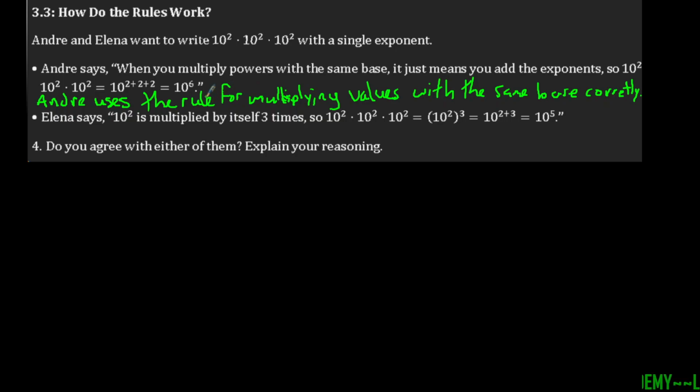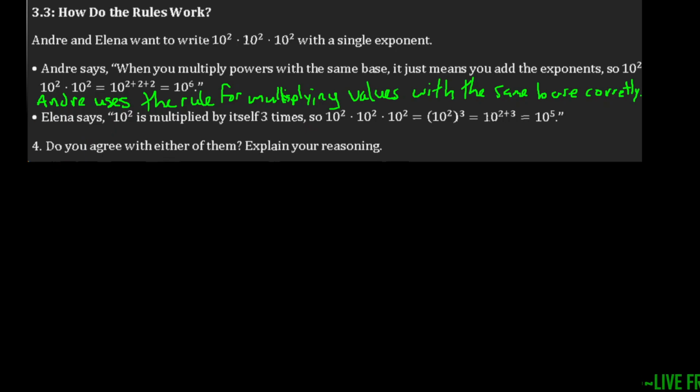Then it says, Elena says 10 squared is multiplied by itself 3 times, so 10 squared times 10 squared times 10 squared is the same thing as 10 squared to the third power, and then she has that's equal to 2 plus 3 equals 5. It says, do you agree with either of them? And we can explain it.